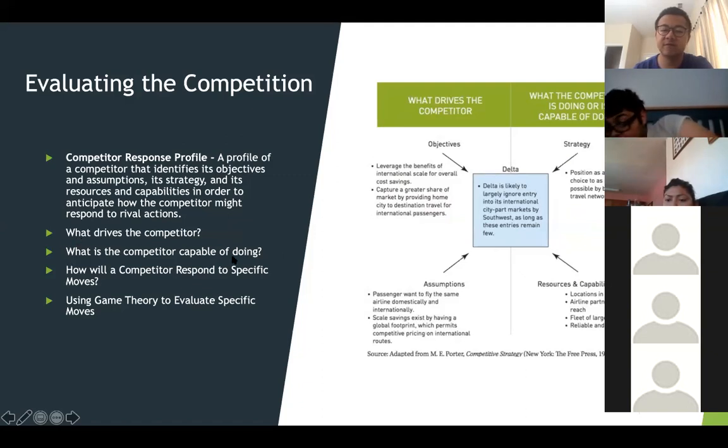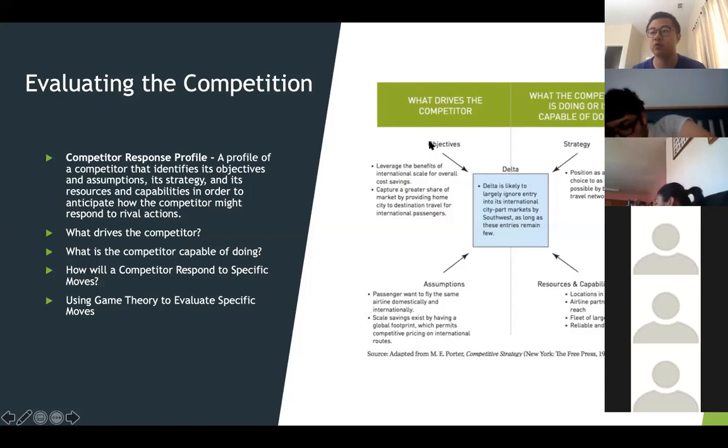For evaluating the competition, there are four questions or four steps. These graphs answer the first two questions: what drives the competitors, and what the competitor is doing or capable of doing.